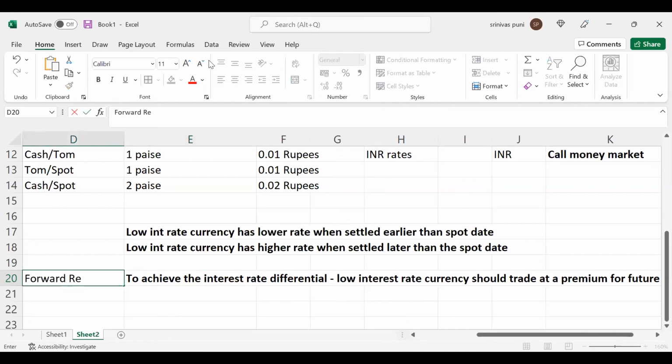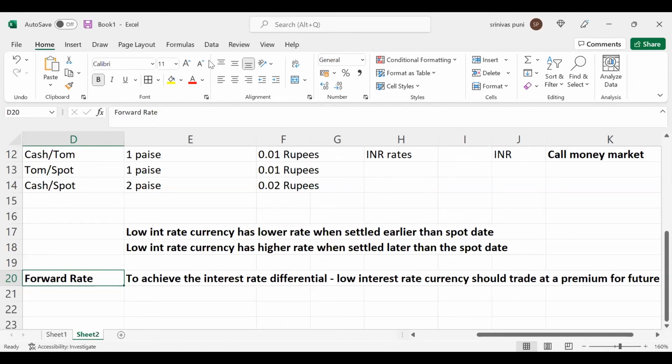And that forward rate is basically such that it is higher than the spot rate normally, because in the example of dollar to rupee, dollar is a low interest rate currency and therefore it should trade at a higher rate to prevent any arbitrage in the market. Arbitrage meaning for people to make free money, to prevent people from making free money. This is what it is.